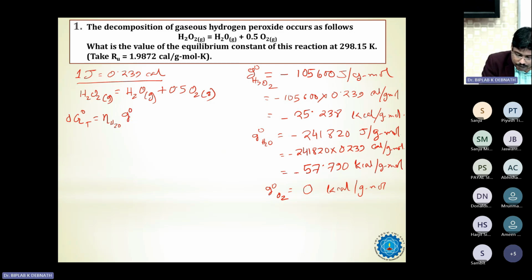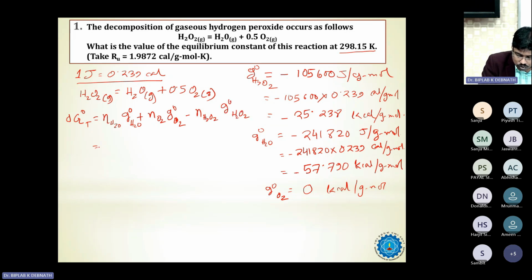Now we can directly write G naught here because the temperature is mentioned to be 298.15 Kelvin. So G naught H2O plus number of moles of O2 into G naught O2, minus number of moles of H2O2 into G naught H2O2.